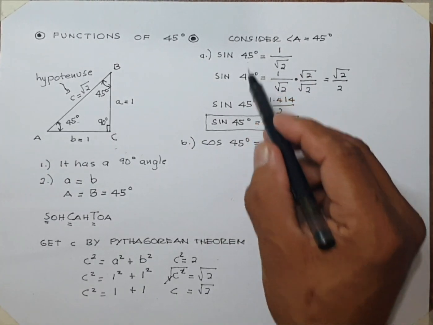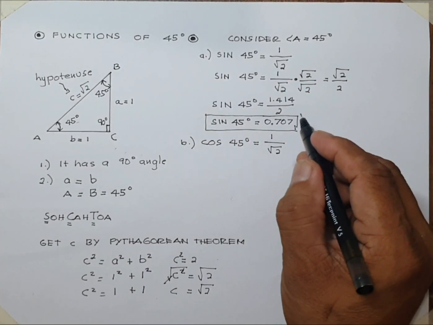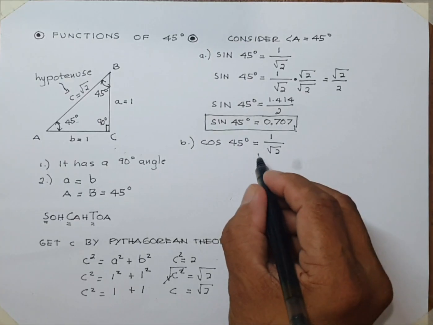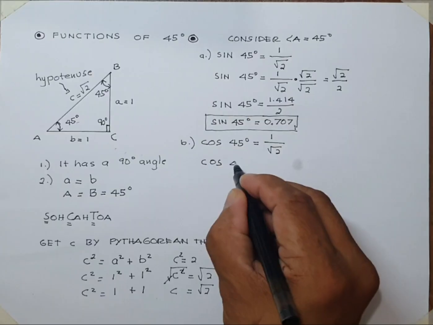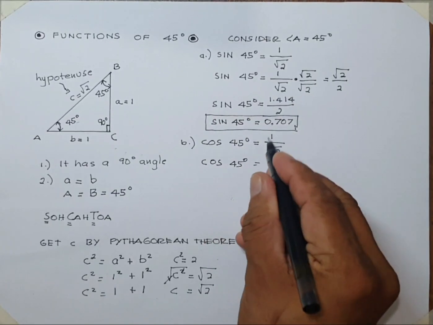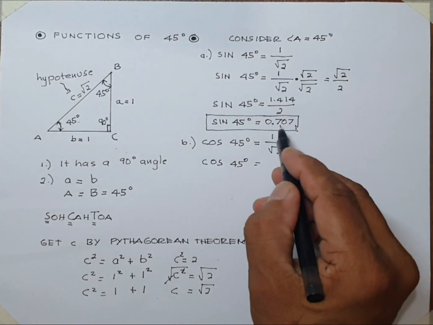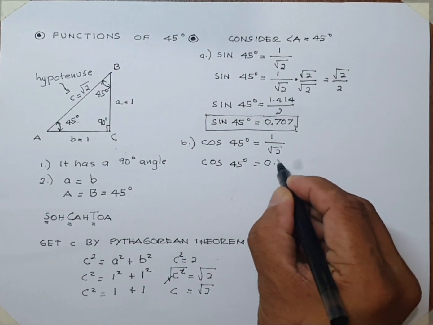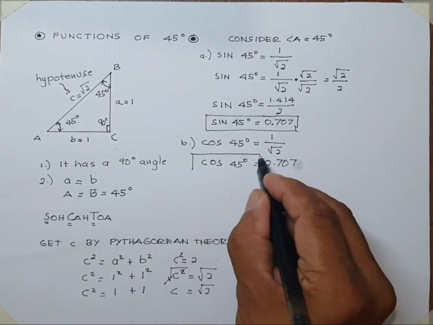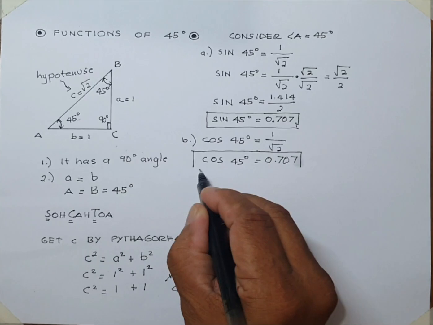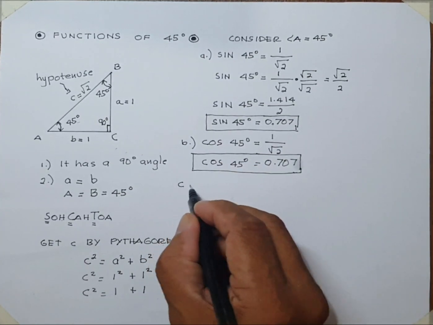Because these two angles are complementary angles. So we can immediately say that the cosine of 45, if we simplify this further, will be coming out with the same value. So this is now the cosine of 45 degrees.